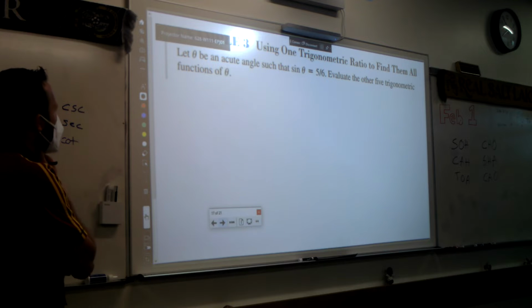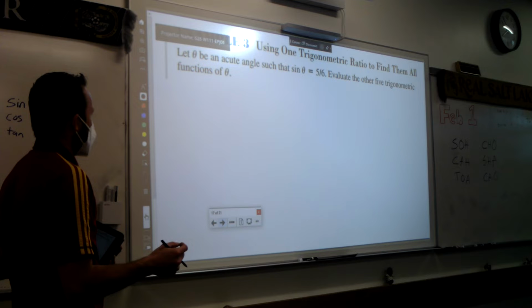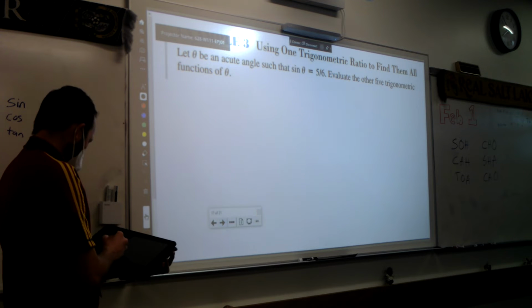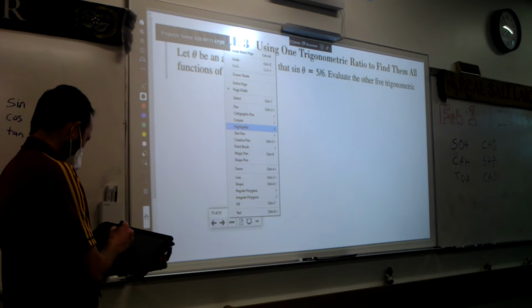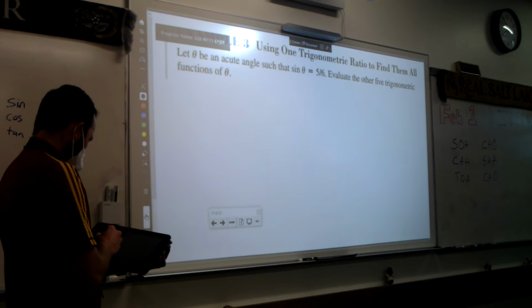Let theta be an acute angle such that the sine of that angle is 5/6. Evaluate the other 5 trig functions of theta. So on this one, it starts by giving us one trig ratio. It says sine of theta is 5/6. How does that help us?